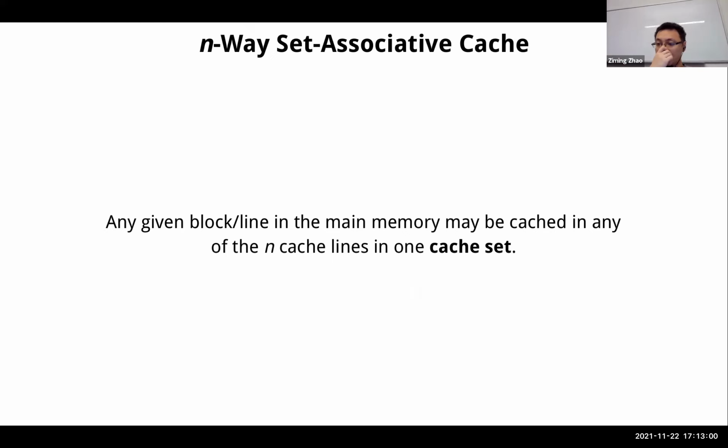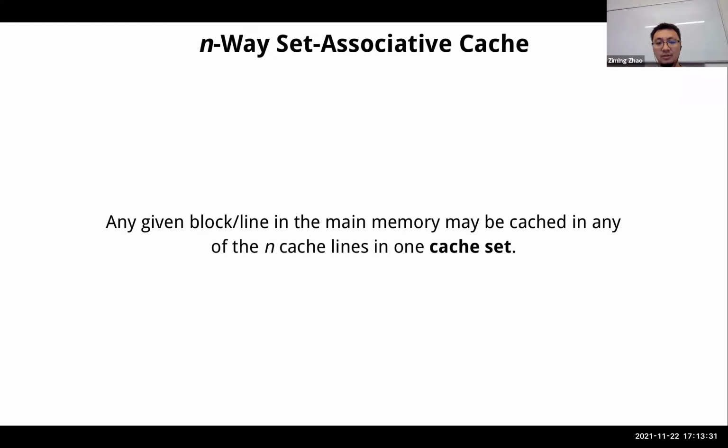And all the cache we're using right now, no matter whether you are using Intel or ARM CPUs, is called N-way set associative cache, which means any given block or line in the main memory, which means 64 bytes of continuous data in the memory, can be cached in several places, not only one place in a cache.